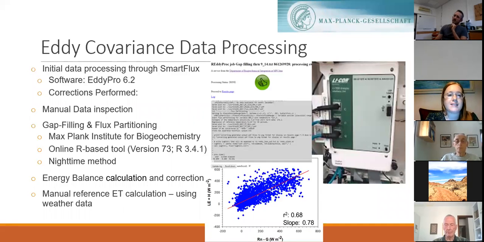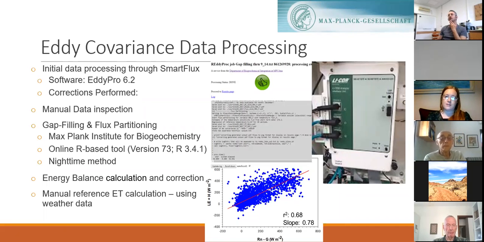So our eddy covariance data is initially processed through the SmartFlux, which is shown here, this device here, which is directly connected to the instruments, and it has the EddyPro 6.2 software installed. And it performs a number of standard corrections, like coordinate rotation and things like that, to make sure that the data is good.